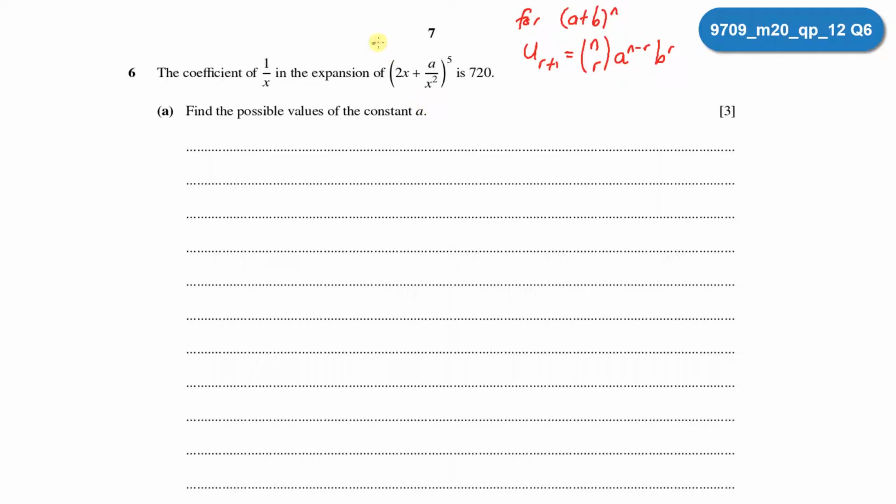So in this case, 2x is a, and b is represented by a over x squared, with the power n being equal to 5. So we can say the general term, the (r + 1)th term, for this expansion is 5 choose r, (2x) to the power of n minus r, which will be 5 minus r, and b to the power of r, which is (a/x²) to the power of r.